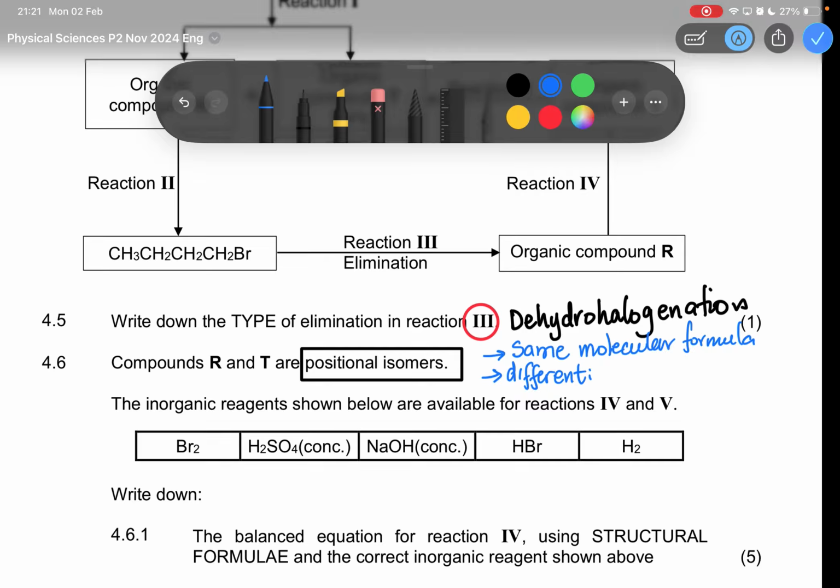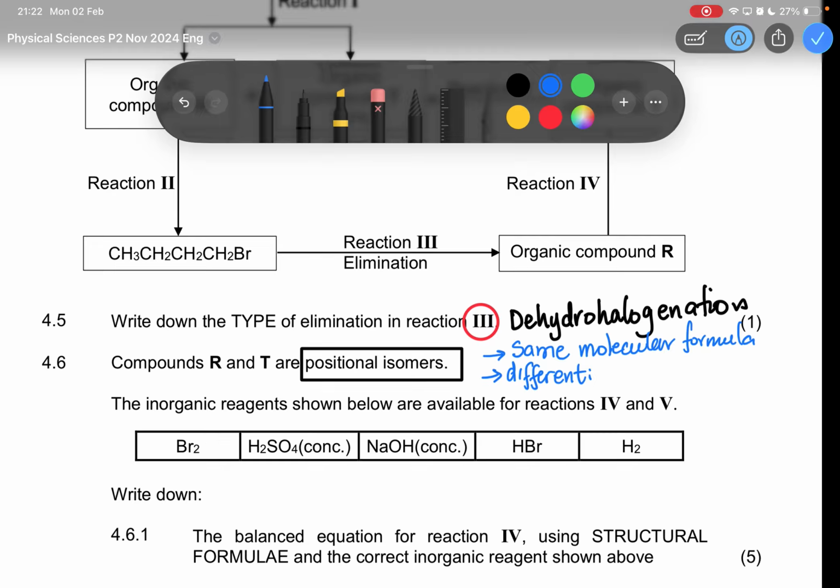Positional isomers have the same molecular formula, same number of atoms and elements. And what is different? Same molecular formula but different what?